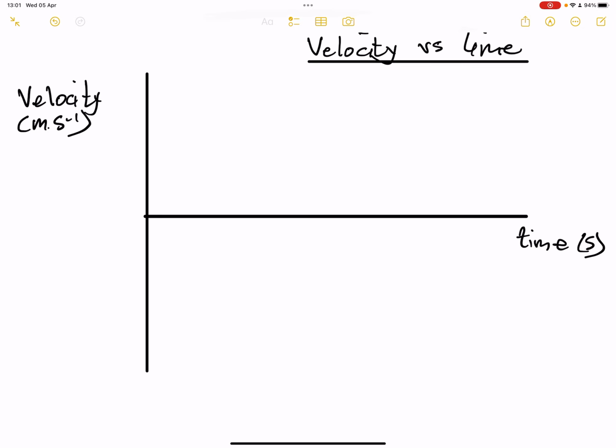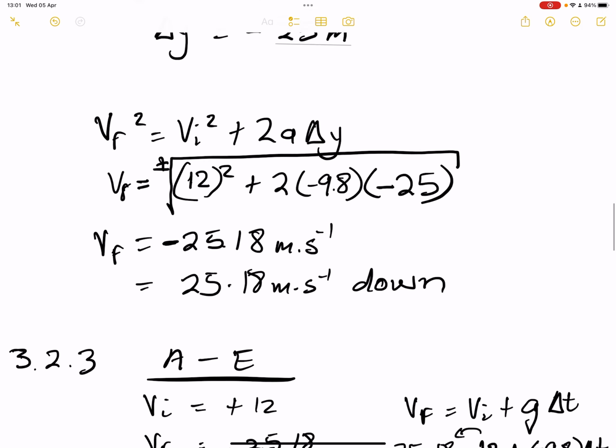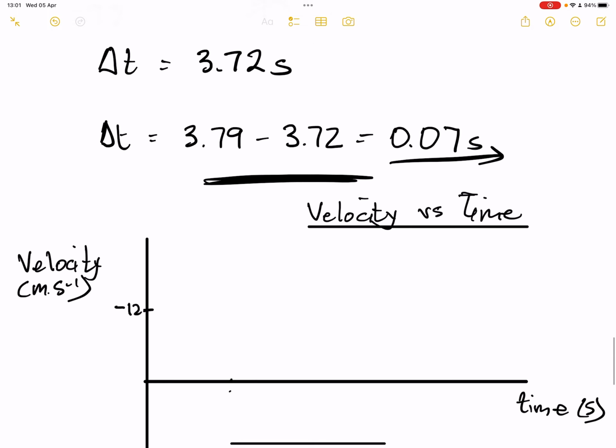So that's negative 12. That becomes 0, right? And how long did it take to get to maximum height? We found that out. That was the very first question, 1.22 seconds, right?